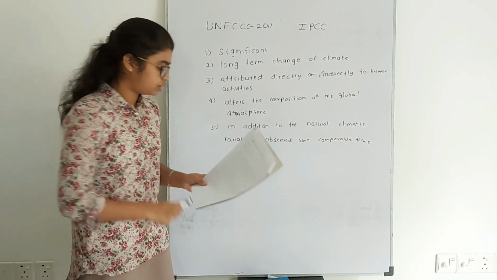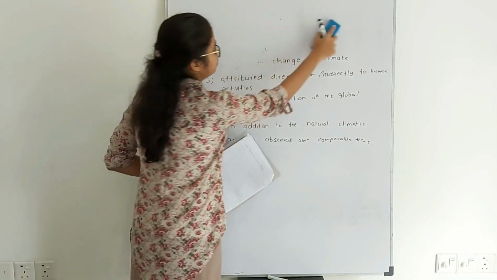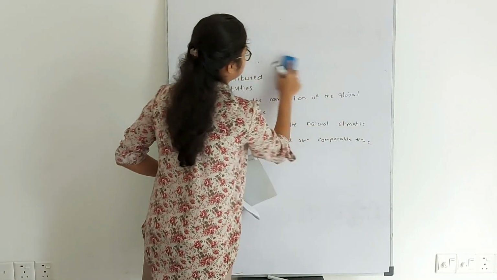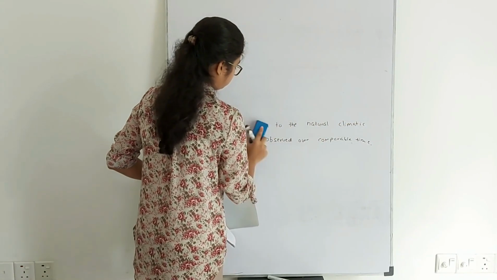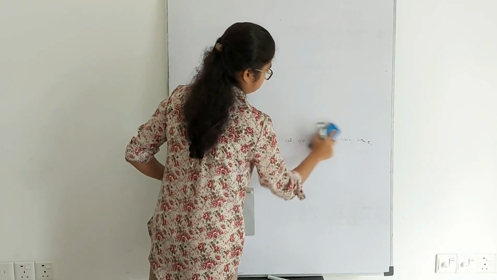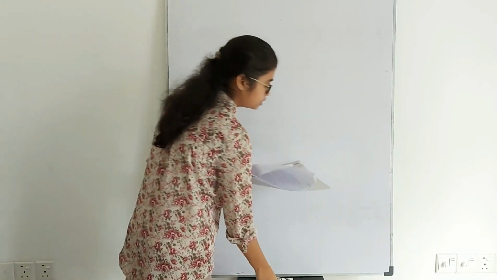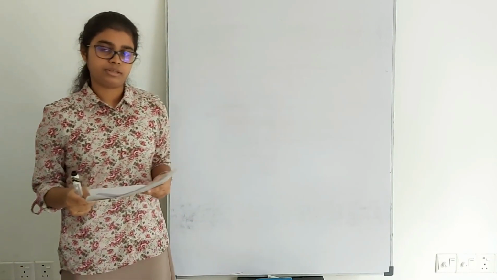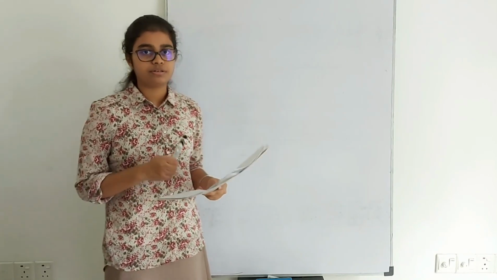So we'll talk about global warming. And what is global warming? Global warming is the increase of the average temperature on the Earth's surface due to the enhanced greenhouse effect.